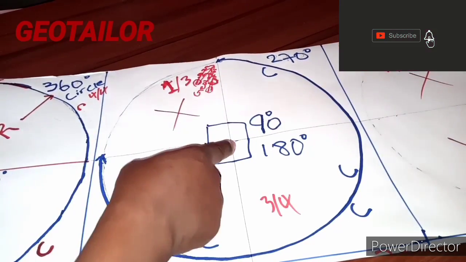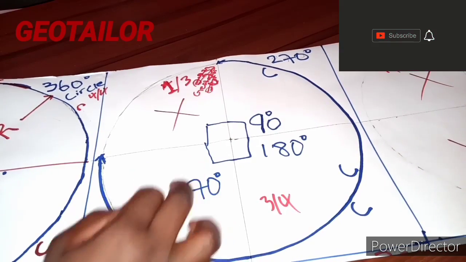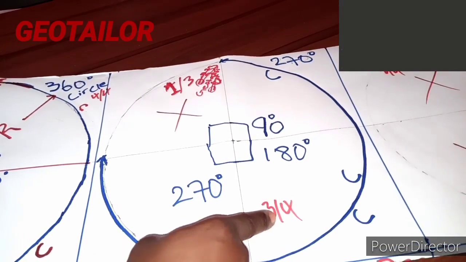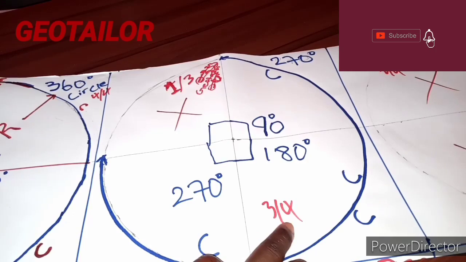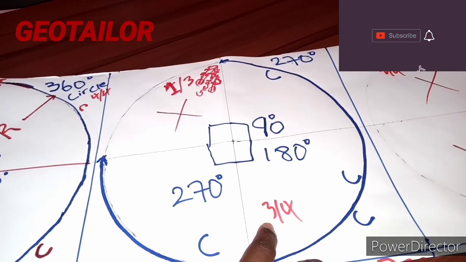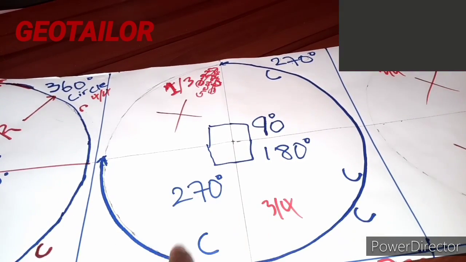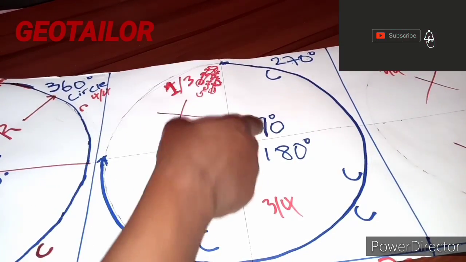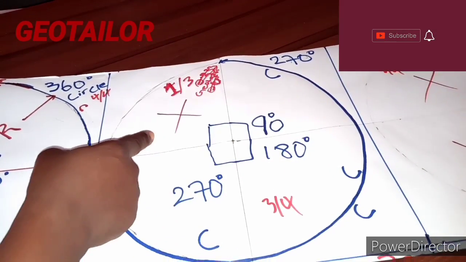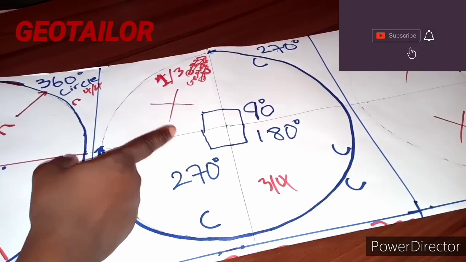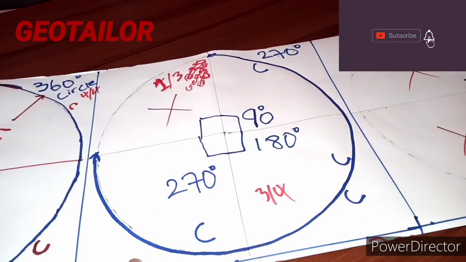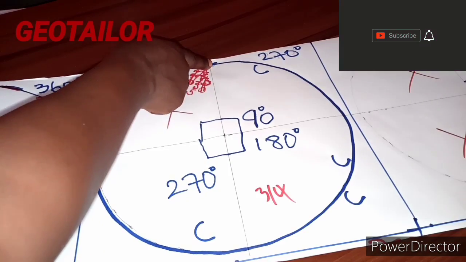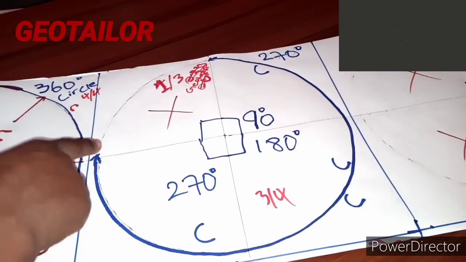Hence the name 270-degree circle. It is also called a 3/4 circle because it covers 3/4 of the quadrants in a circle, and the circumference is from here round to here.